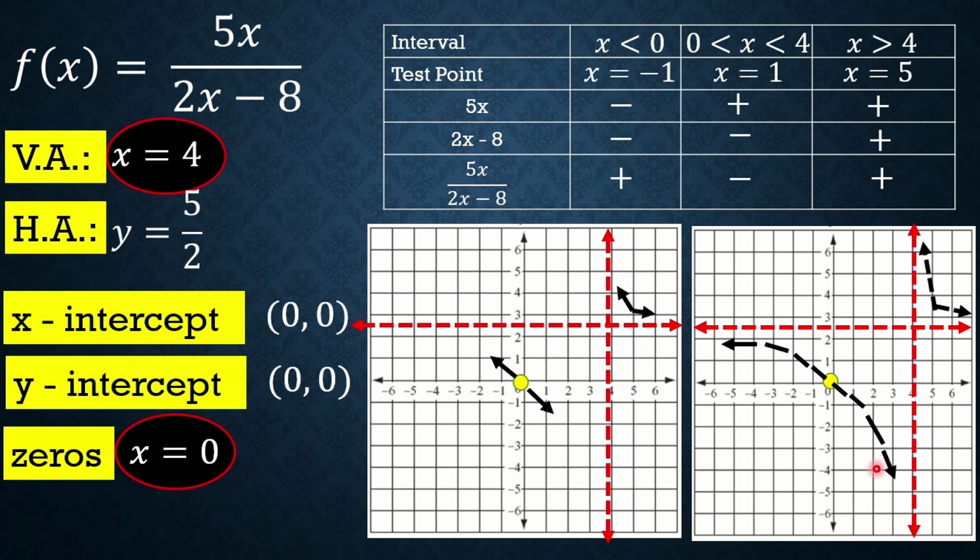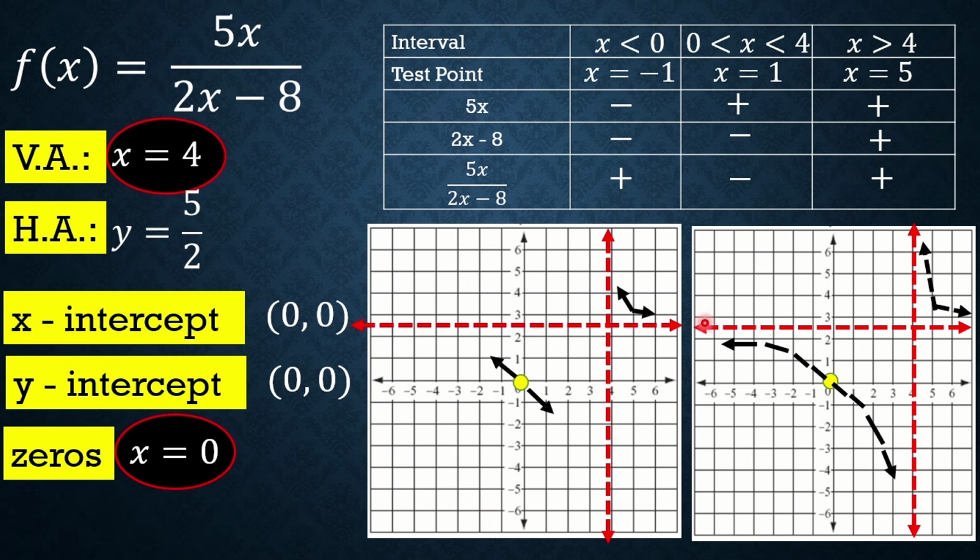Okay, so, makikita natin na itong graph natin ay hindi siya magta-touch dito sa horizontal asymptote natin. Bakit? Okay, so mamaya ipapakita ko yung actual sketch again. And then, ito din, hindi rin siya magta-touch dito sa vertical asymptote natin.